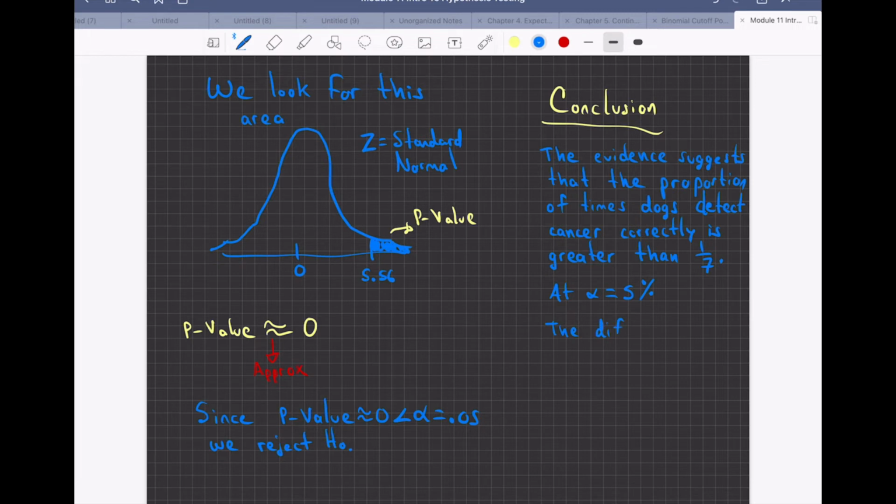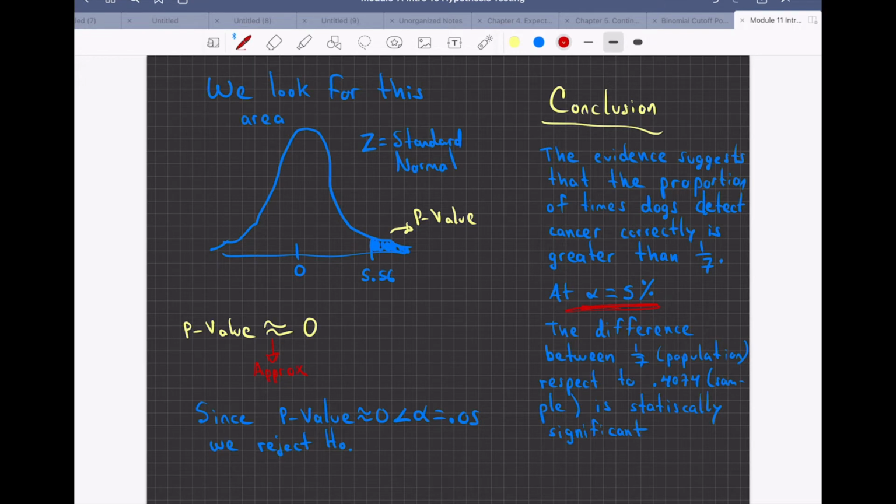The difference between the 1 out of 7 population with respect to the 0.474 sample is very much, or how do we say here, statistically significant, at this level of significance, at 5%. Okay?